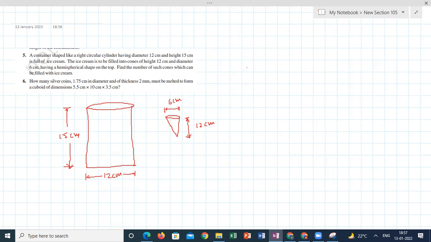So it's very simple. Volume of cylinder is equal to number of cones into volume of each cone.